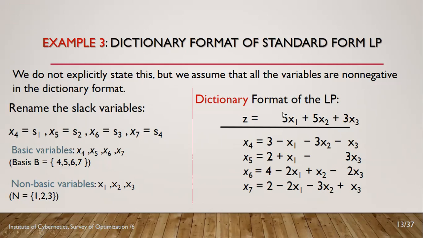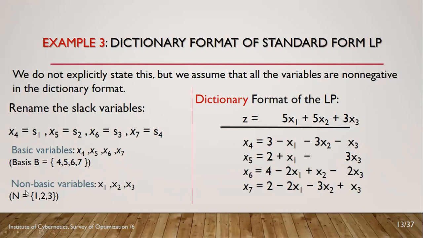So in this representation, we will call the variables kept in the left-hand side the basic variables. Here you see they coincide. And the set of indices which corresponds to this set are 4, 5, 6, and 7. All the remaining variables, which were original ones, we call non-basic variables, denoted by x sub 1, x sub 2, x sub 3.